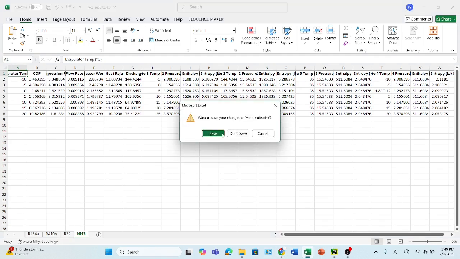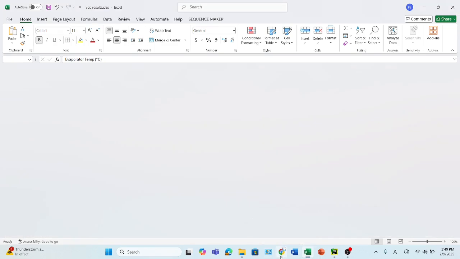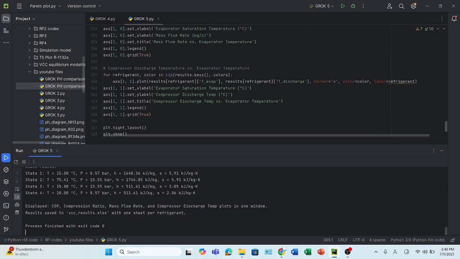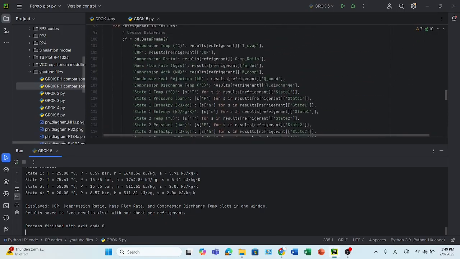So this is how easily you can just plot, and you can just see the performance of different refrigerants.